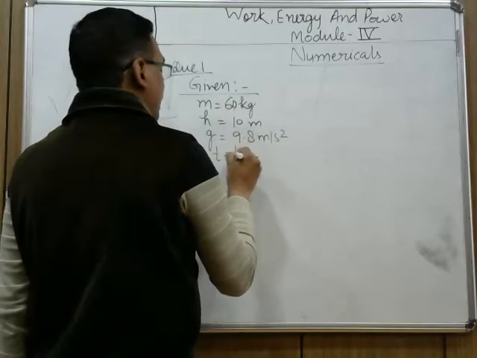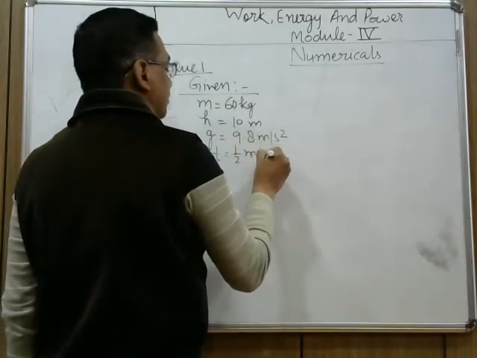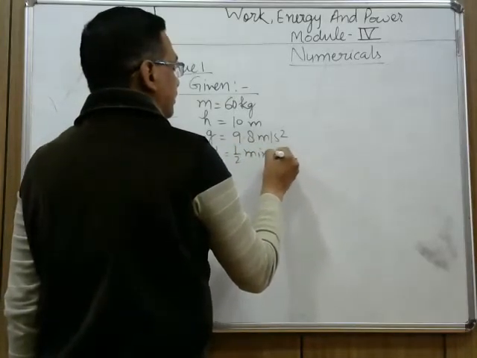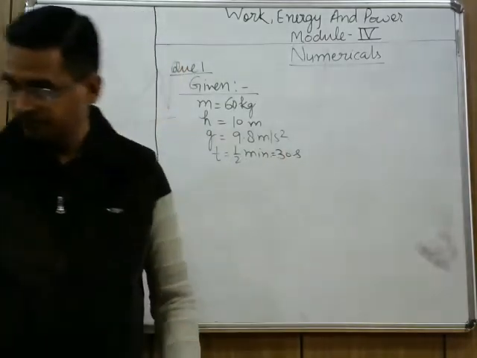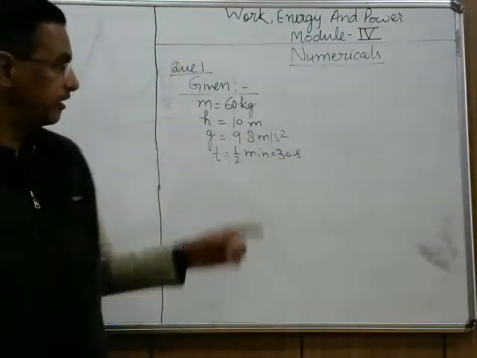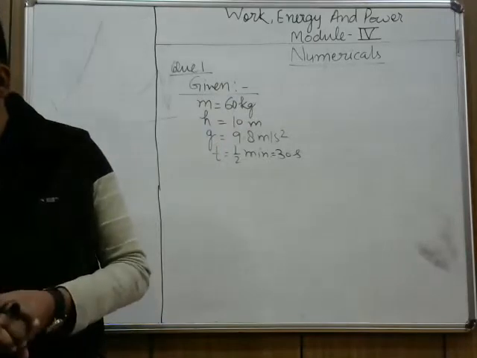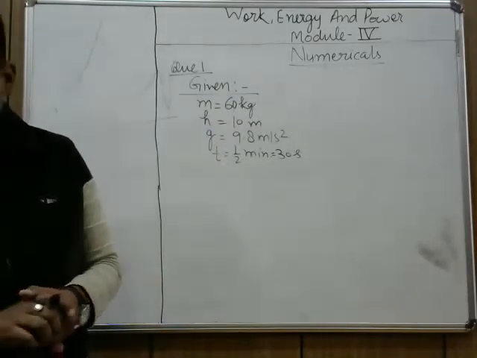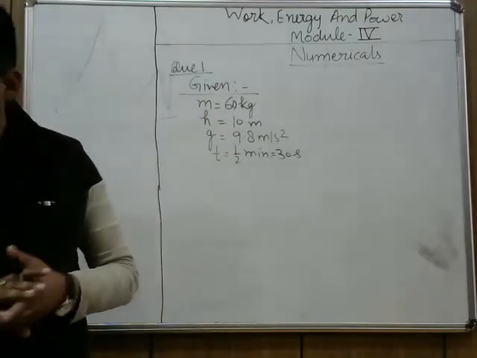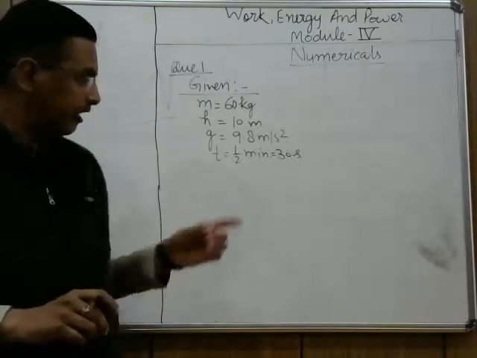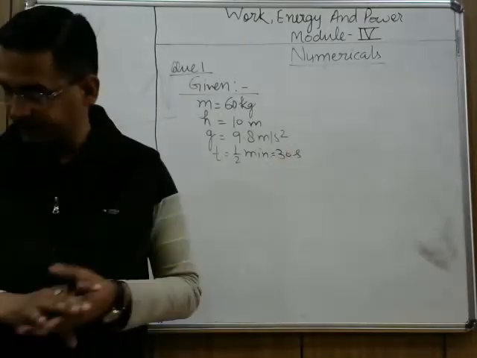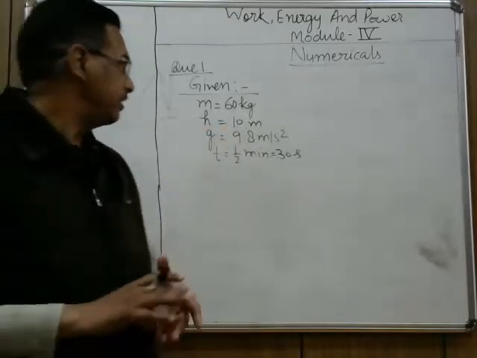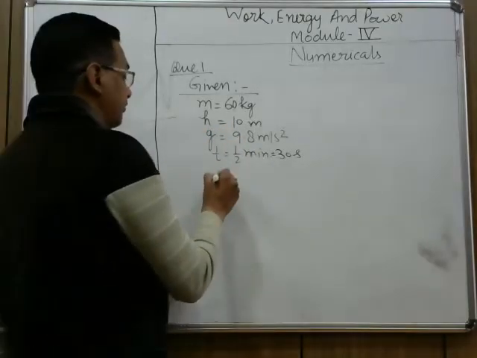Time is given half minute, means 30 seconds. Find the power of a 60 kg man. Mass is 60 kg. Who can climb up a height of 10 meter? Height is 10 meter. In half a minute, time is half minute, that is 30 seconds. g is 9.8 meter per second square. We have to find power.